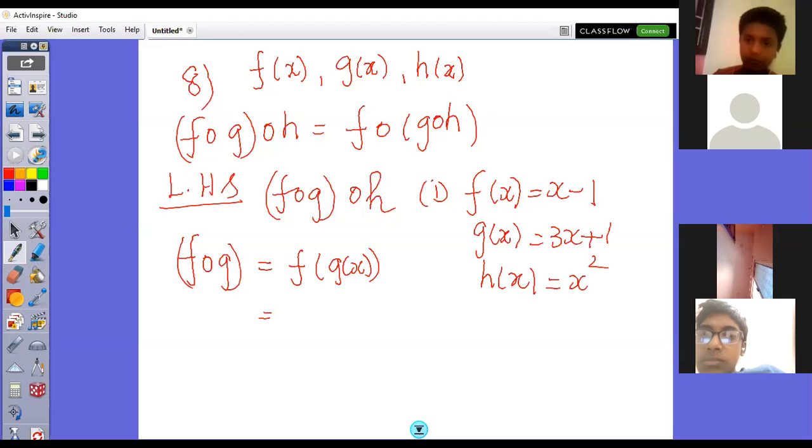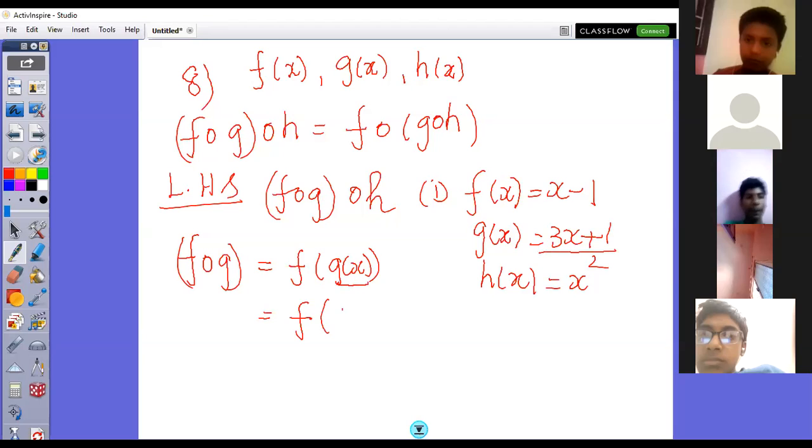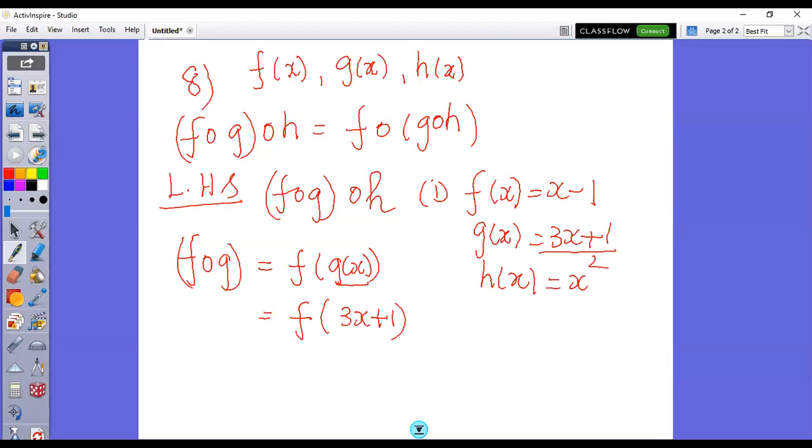Then f of g of x: g of x is 3x plus 1, so let us write the g of x value, 3x plus 1, as the inner bracket value. Substitute g of x value as 3x plus 1. Next, f of x equal to x minus 1.